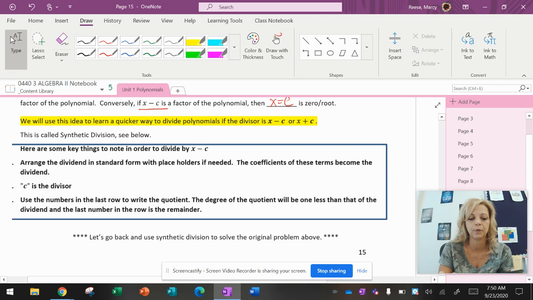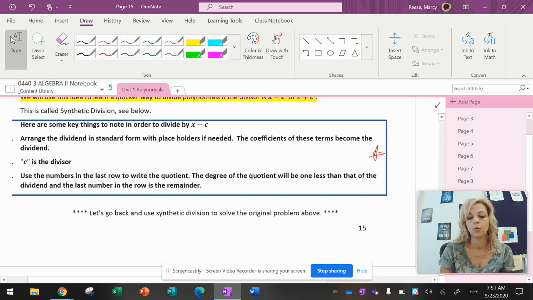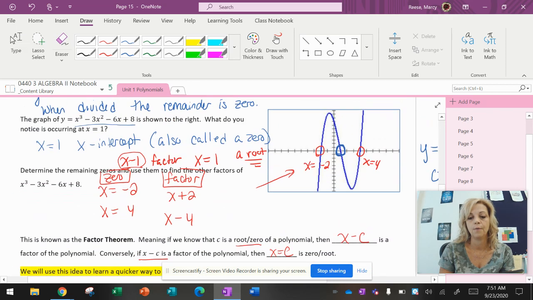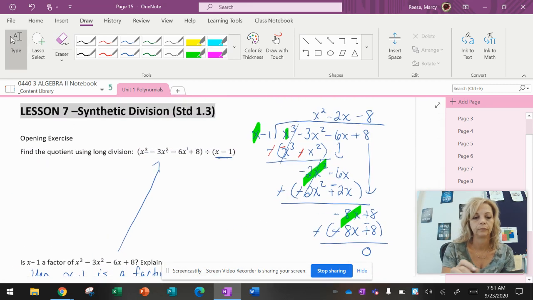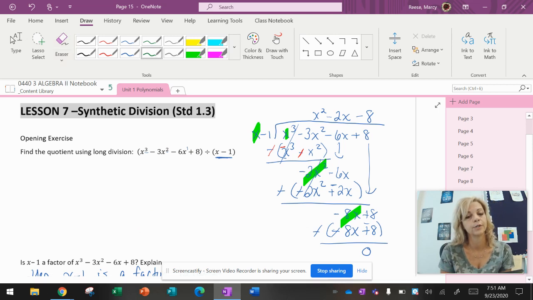Now, there's some explanation on here, this box is written out for you to go through and read later. I'm not going to read it to you right now. We're going to do synthetic division though, up here. We're going to come back and I'm going to explain that box down below in my own words.